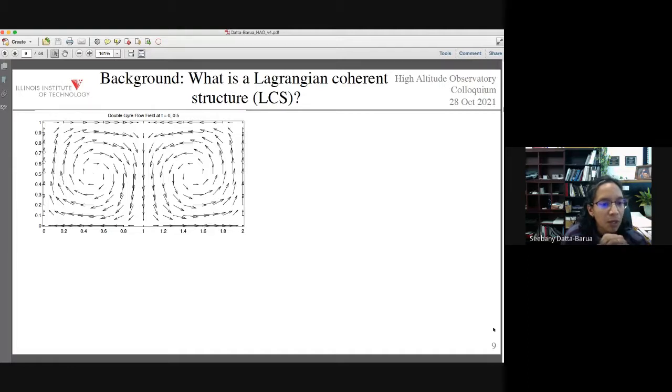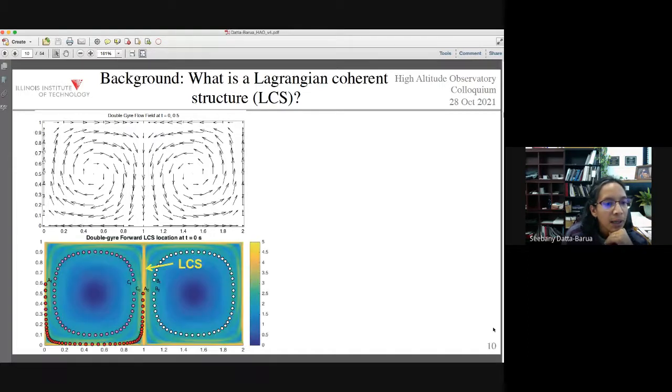If you have particles in that flow, right down the middle there's a dividing line between particles that will be circulating in the vortex on the left and particles that will be circulating in the vortex on the right. And that dividing line, that structure, is the Lagrangian coherent structure.